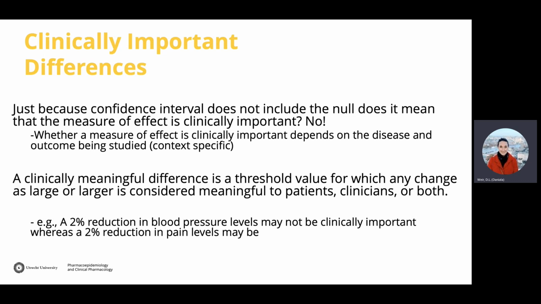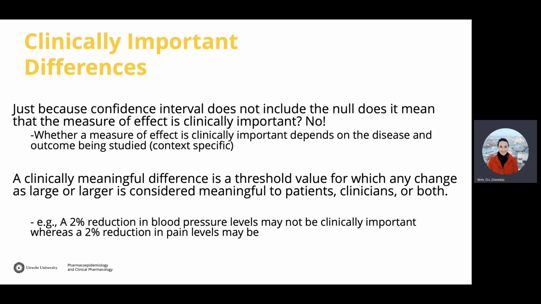So again, for example, a 2% reduction in blood pressure levels may not be clinically important, whereas a 2% reduction in pain levels might be for patients. So there's no hard and fast rule with respect to a threshold that applies to every situation for a clinically meaningful difference, but it really depends on the disease you're studying, the treatment, whether there's alternatives, and typically that's informed by clinical context.